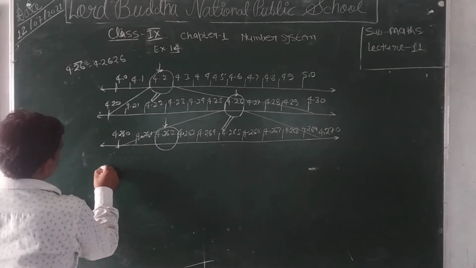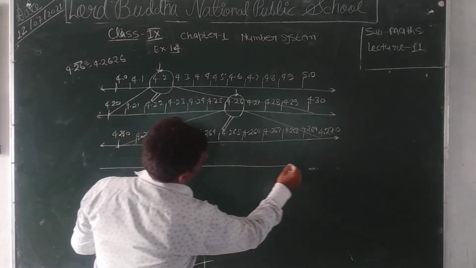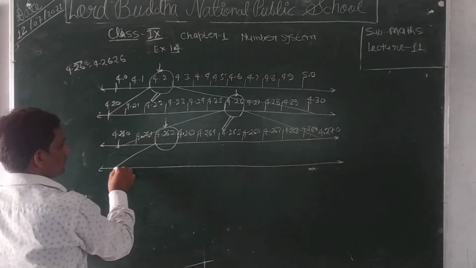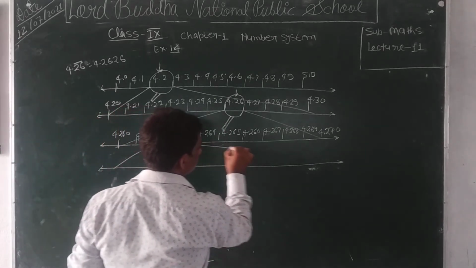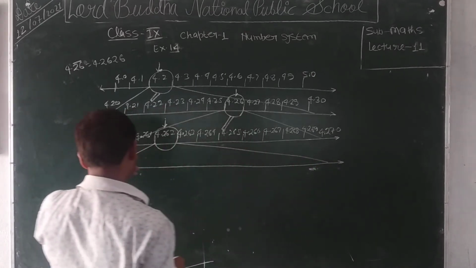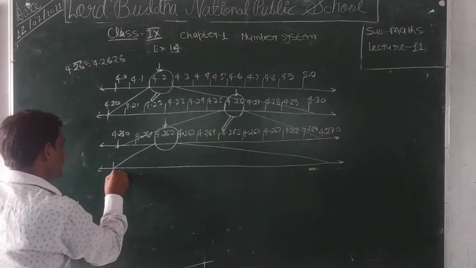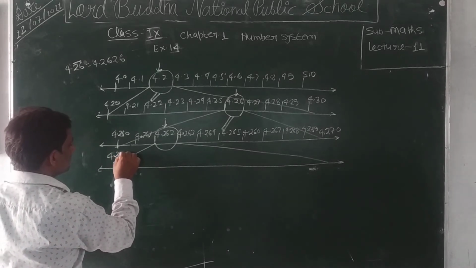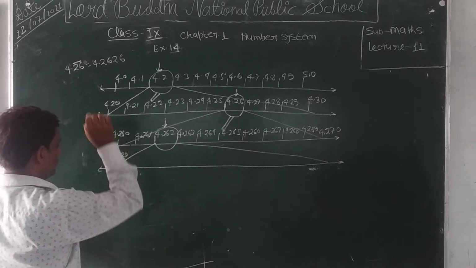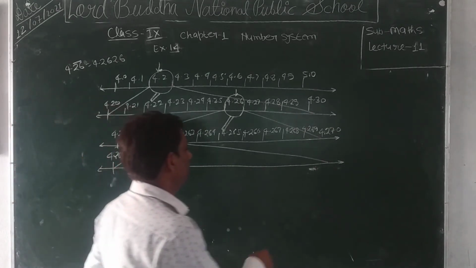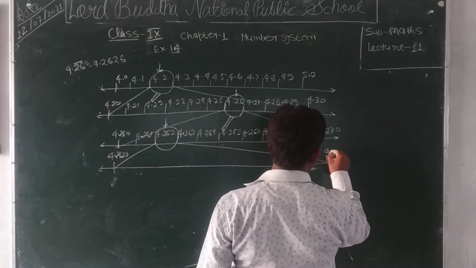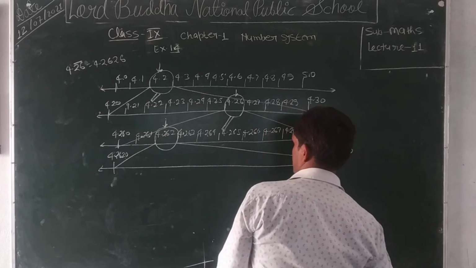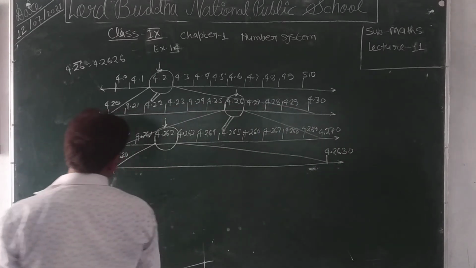Then the condition will be this. We draw another number line and when we magnify it, the points will be like here. This will be 4.2620 and this is 4.2630. Clear? We divide into 10 equal parts.